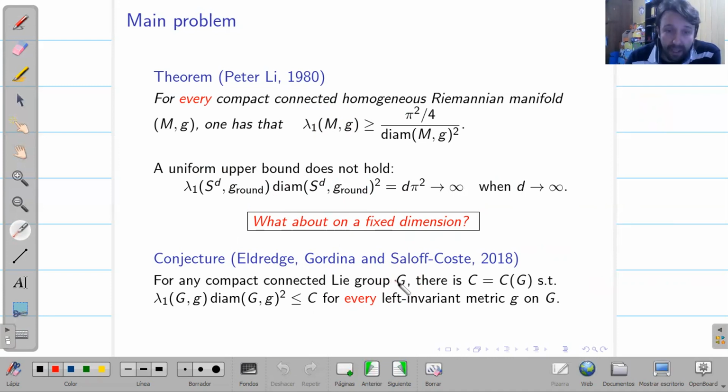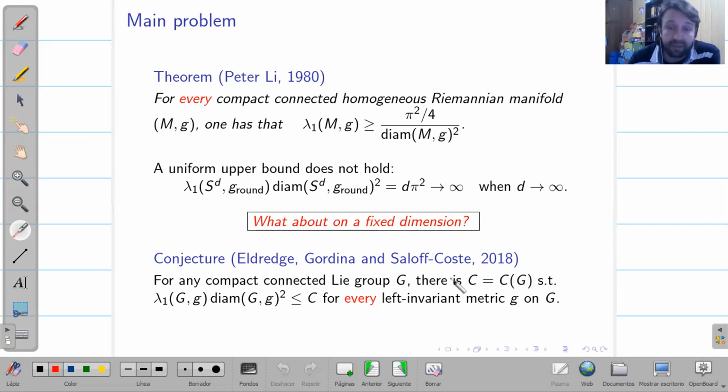Pick any compact connected Lie group, and they claim that there exists a positive constant depending only on the Lie group, such that this term is bounded from above by this constant uniformly for every left invariant metric G on G. This is the conjecture.